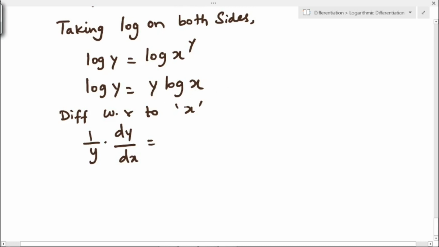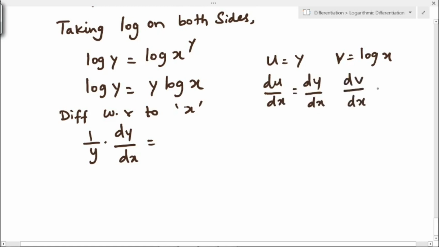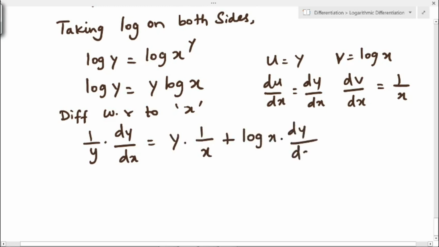So first u value as y and v, that is log x. So what is du by dx? That is dy by dx, because we are differentiating y with respect to x. And dv by dx equal to log x differentiation, 1 by x. So just substitute it. So u, that is y into dv by dx, 1 by x, plus v, that is log x into du by dx, that is dy by dx.